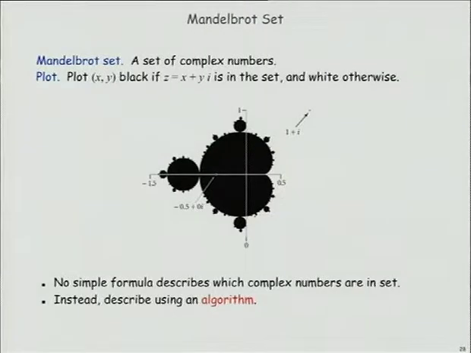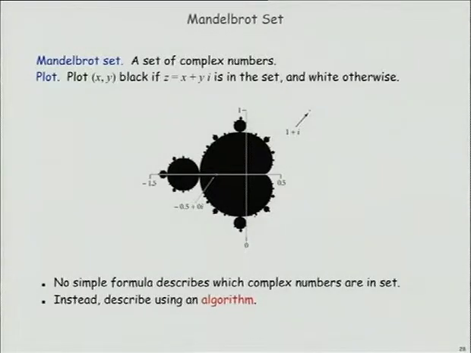I repeat: we start with a bunch of numbers, not necessarily a grid of points. The pixel at position xy is black if the complex number x + yi associated with this position is in the Mandelbrot set. Otherwise, I make it white.